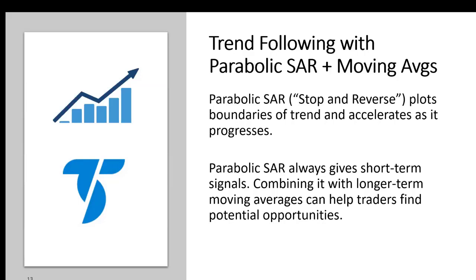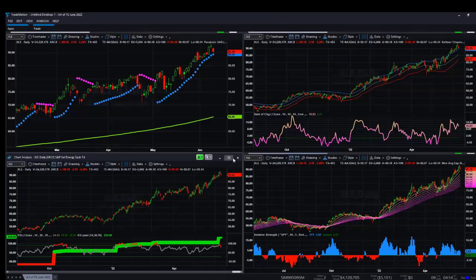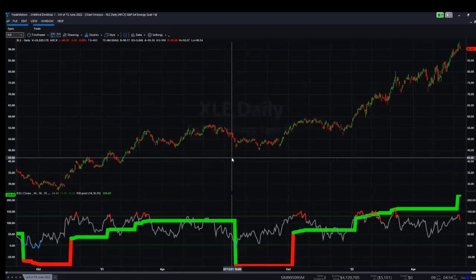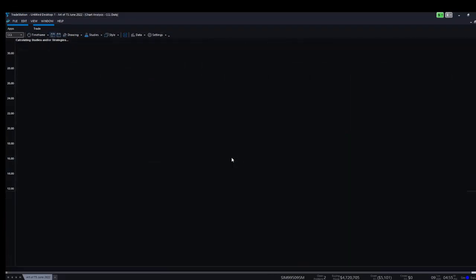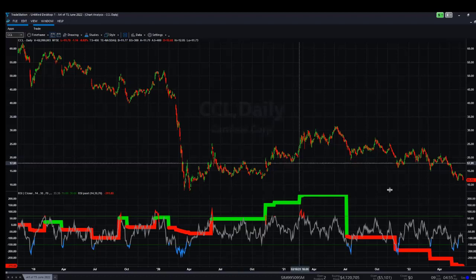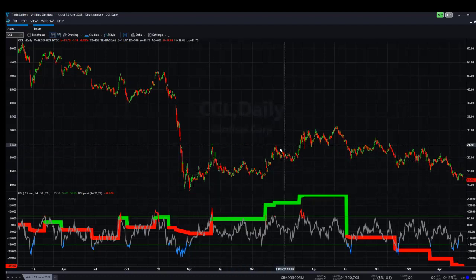This is slide 13. Actually, before we move on, I want to mention one other I just saw today that I thought was really interesting, which was CCL. This is the cruise line, and you can see it tried to stabilize a lot.